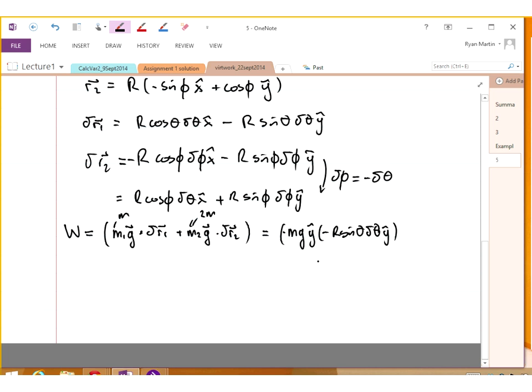And the second term is minus 2mg y hat, and delta R2, its y component is R sine phi delta theta y hat.